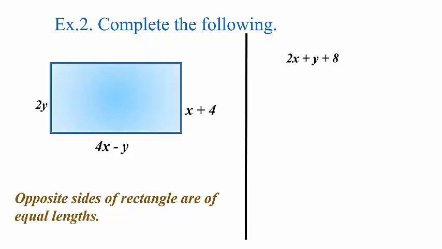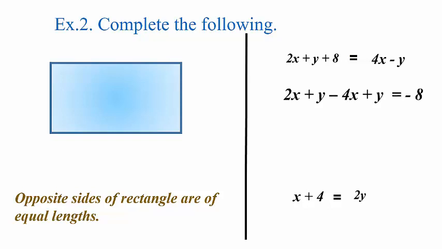And from this property, 2x plus y plus 8 and 4x minus y are equal. So this information is converted into an equation. Also x plus 4 and 2y are the opposite sides and they are of equal lengths, so we write an equal sign.